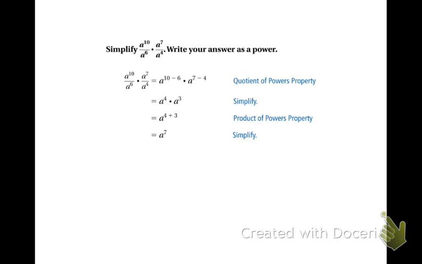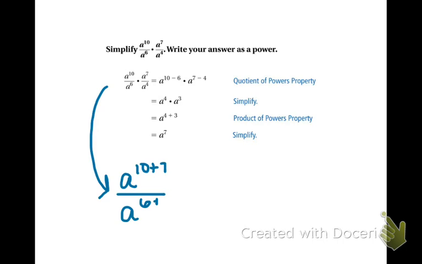And if you're wondering, you could actually instead start by simplifying, since it's multiplication, a to the 10 plus 7 over a to the 6 plus 4, because the variables are all the same.